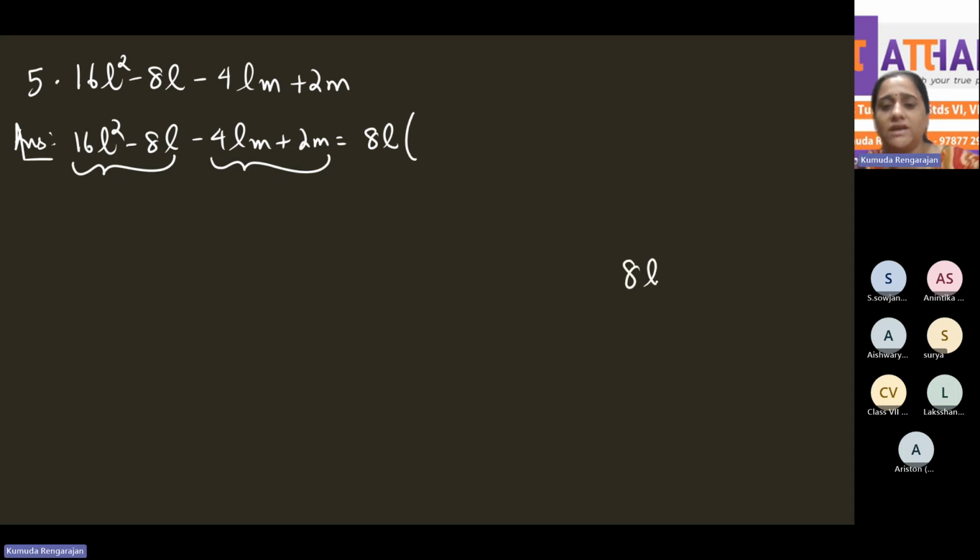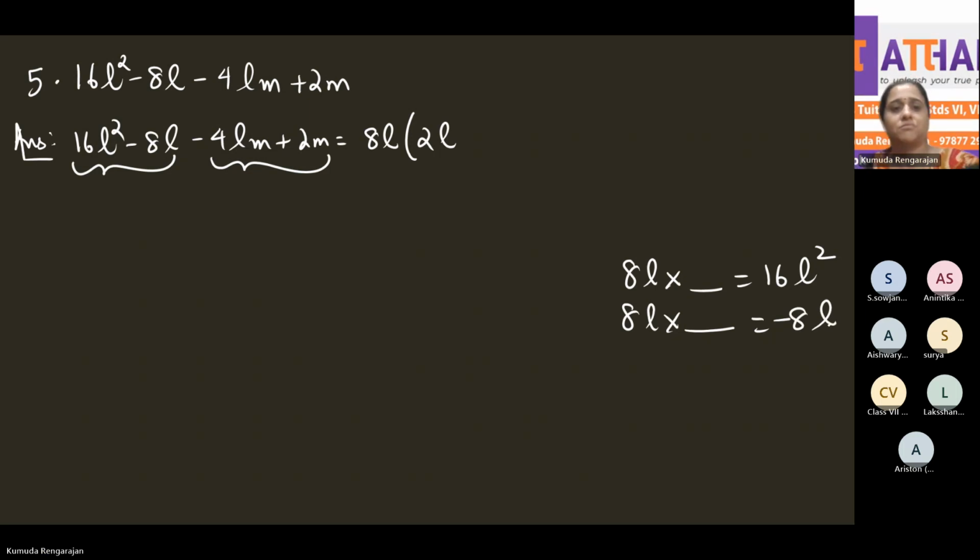So 8L into what will give us the first term 16L square? 2L. Then 8L into what gives us the second term minus 8L? Minus 1. Because 8L into 1 is 8L, and 8L into L will become 8L square.